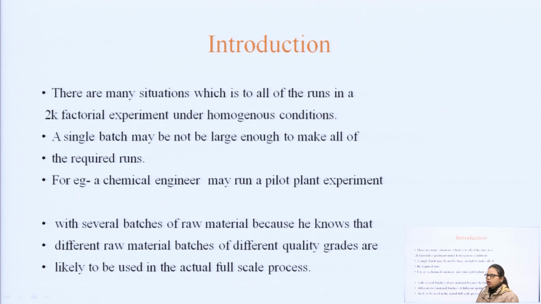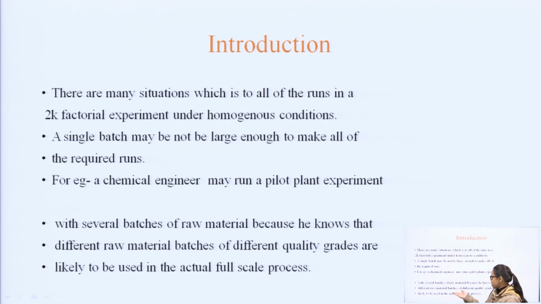It means when we do any experiment in our lab, we take only one batch because we are only doing an experiment, but when you apply it in any company or on a very big scale, you need several batches. Why do we need several batches?